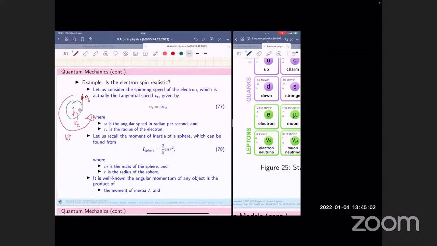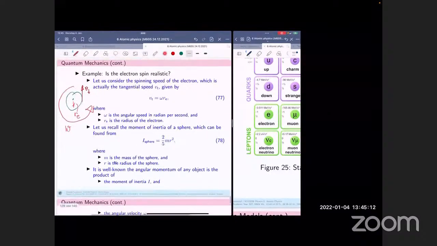If m is the mass of any object, and we are considering here the electron, so the mass should be the mass of the electron, and the radius should be the radius of the electron. This is the general expression, and we are considering here the sphere, which represents the electron. It's a kind of lepton.